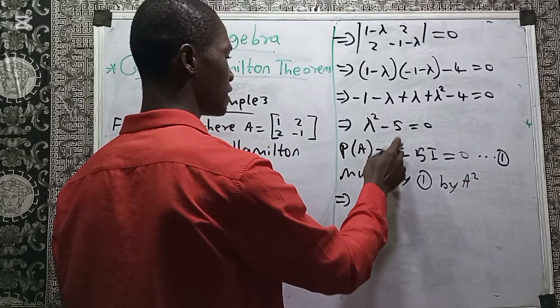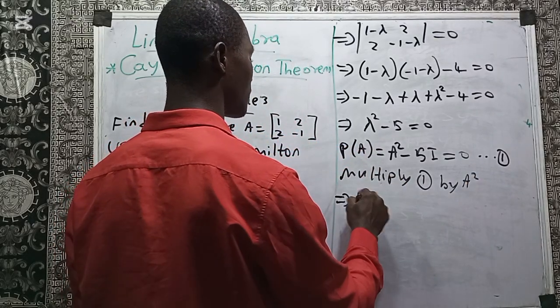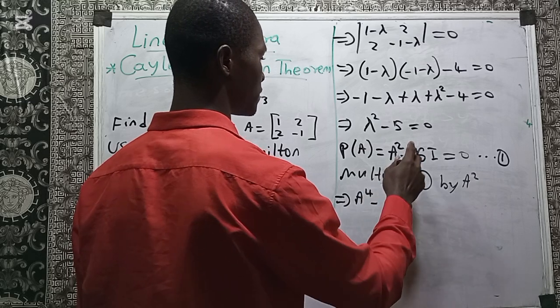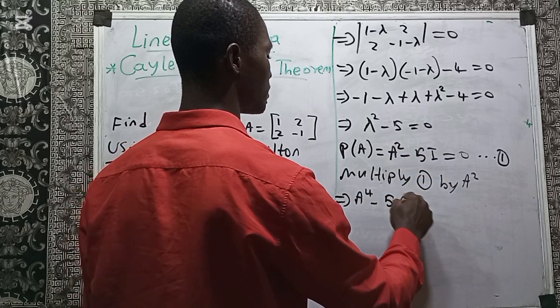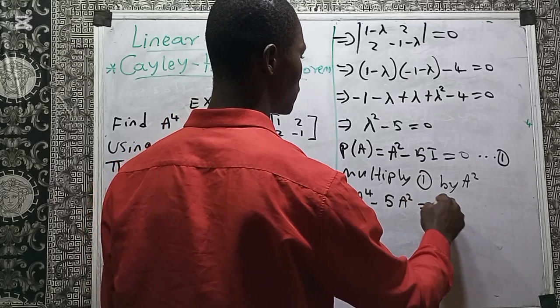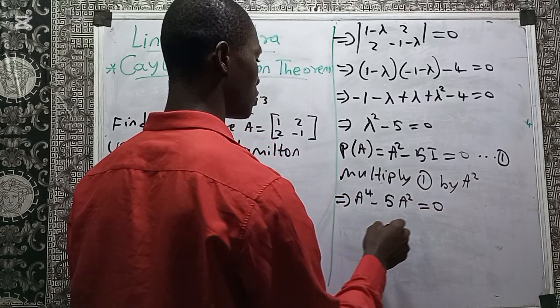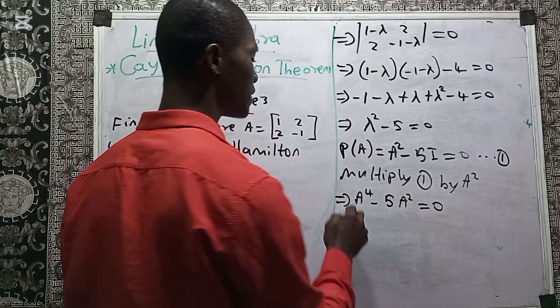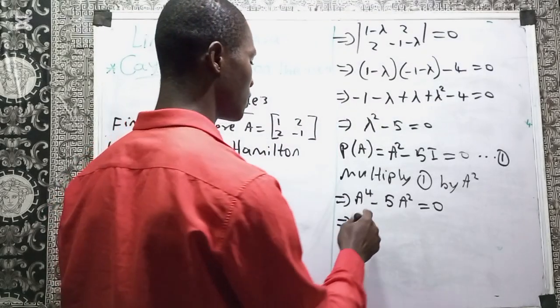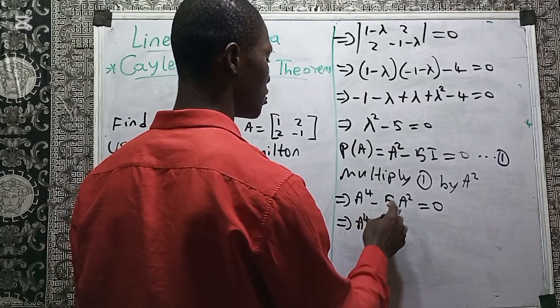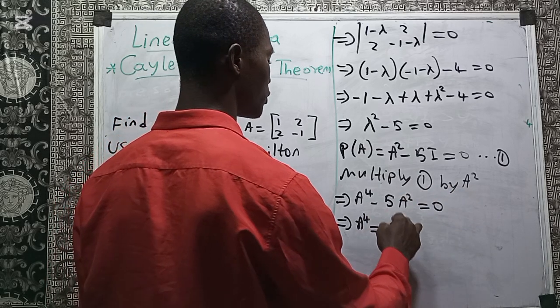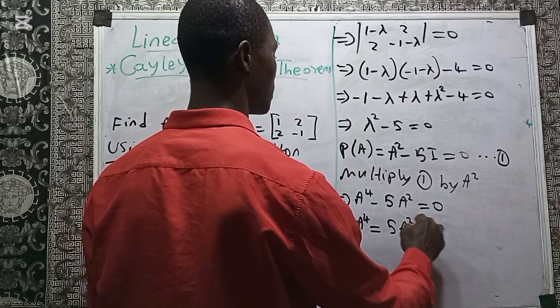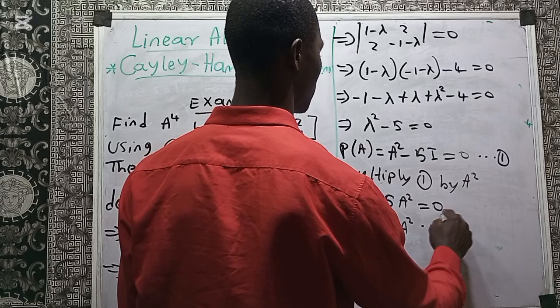This implies A raised to power 2 multiplied by A raised to power 2, we have A raised to power 4, minus 5I multiplied by A raised to power 2, we have 5A raised to power 2, equated to 0. So this implies, let's make A raised to power 4 the subject of the formula. We have A raised to power 4. Moving negative 5A squared to the right, we have positive 5A squared. We can call this equation 2.